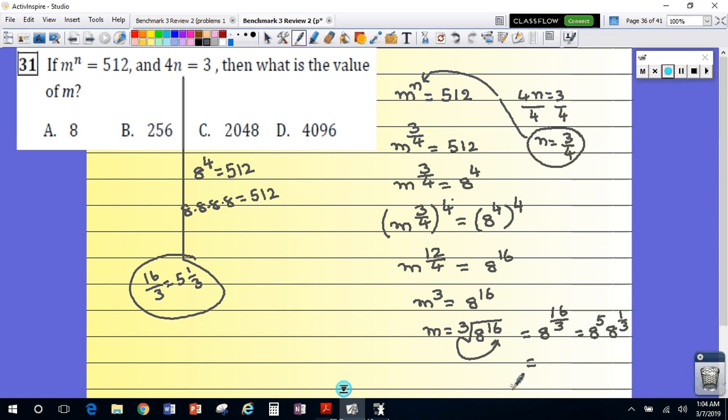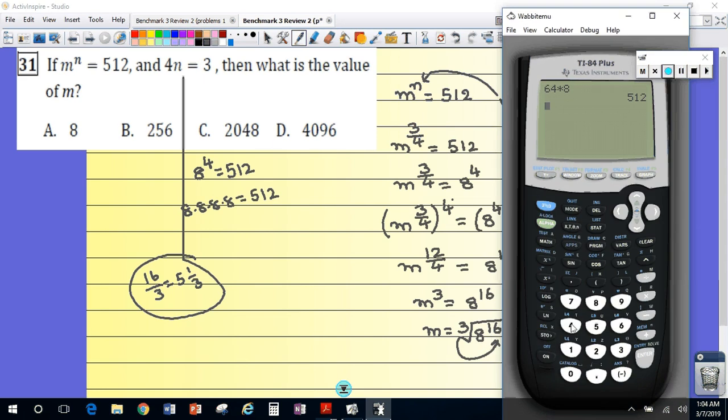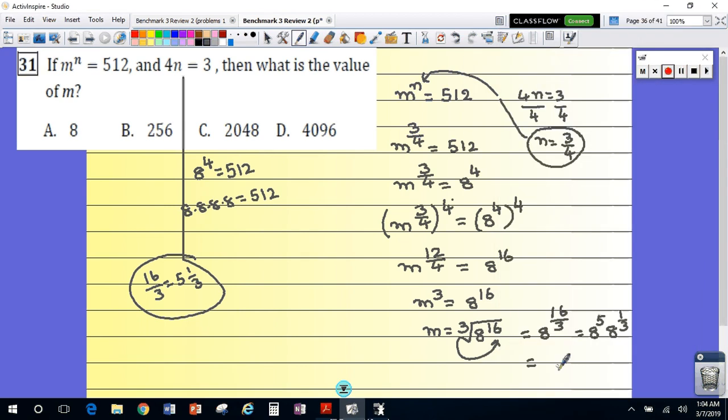So let me find out what is 8 to the exponent 5, which gives me 32768, and this is cube root of 8, that is 2.